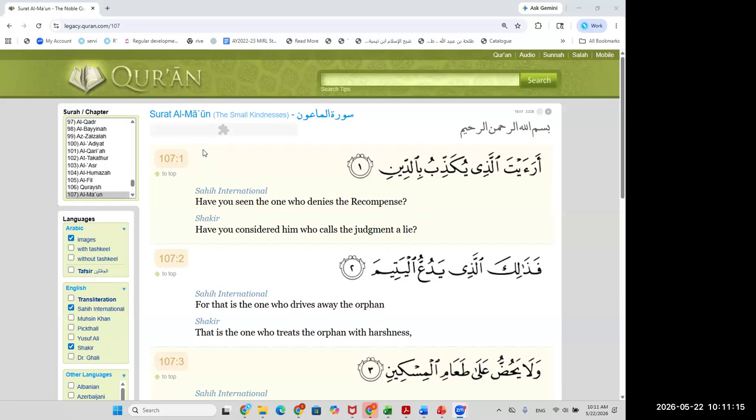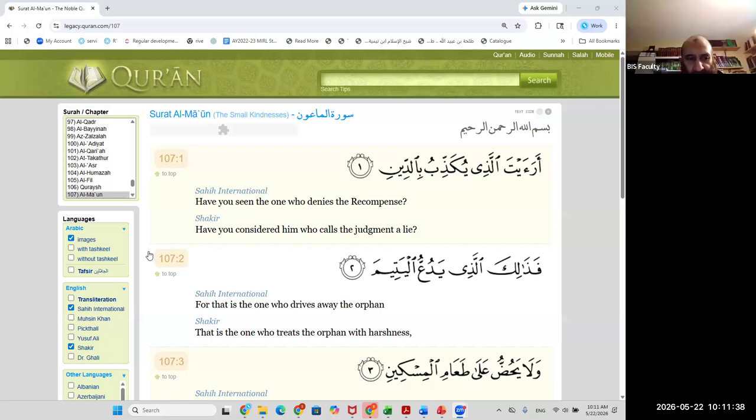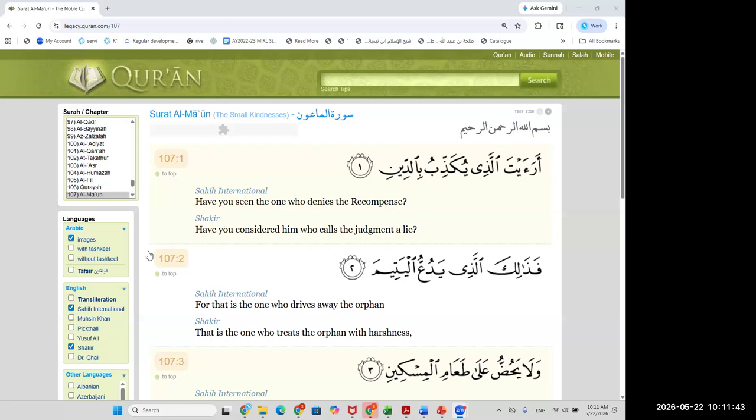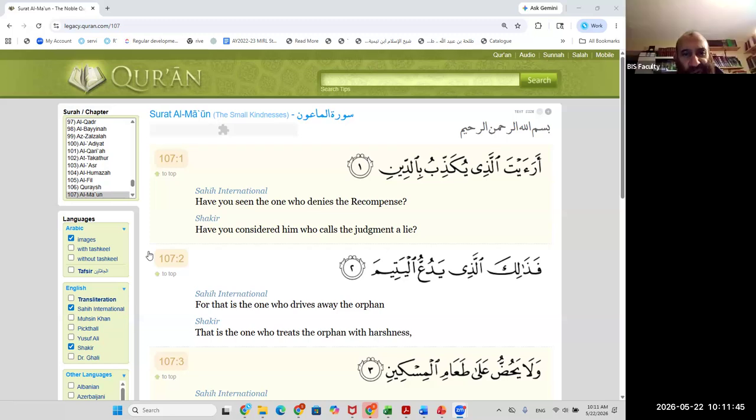Okay. Good. Number two. The second ayah, فَذَلِكَ الَّذِي يَدُعُّ الْيَتِيمَ. So the fa, this is a type of harf, and it has to do with tartib, I think. Yeah, حرف عطف وترتيب, connection or conjunction.